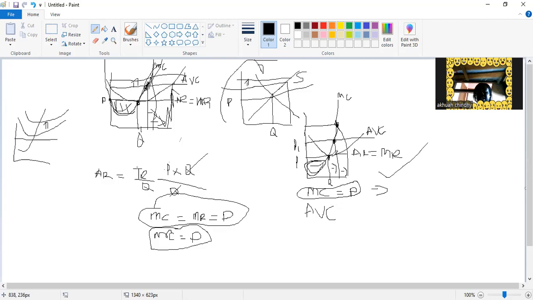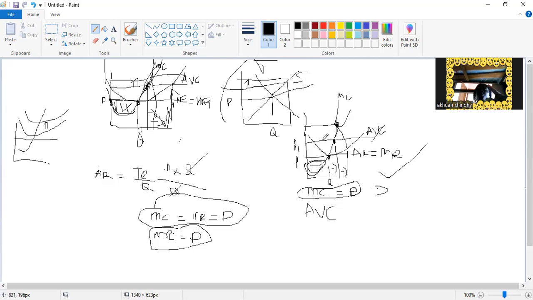So that's the reason why, after you find this first condition, you need to put in your mind that the price should be restricted. If your price is less than your average variable cost, it is not good to produce. So we are restricting the price so that it should be either equal to or greater than this average variable cost, like this curve. You see this straight curve, which is the price.